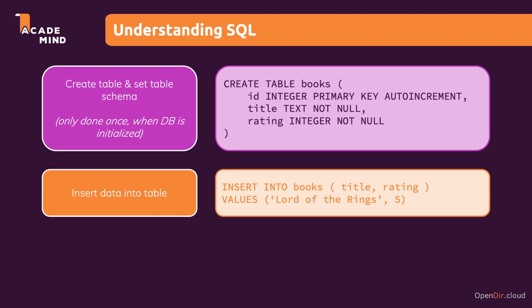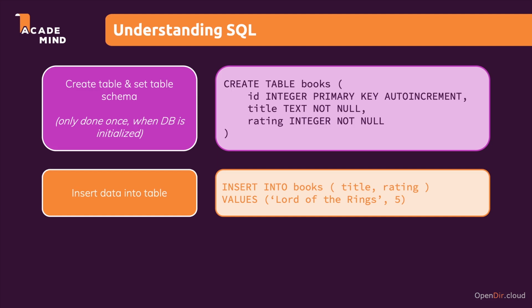In this case, Lord of the Rings as a string, so as a text, because that's the type we set for the title column. And then 5 as a value for the rating, 5 as an integer value, because that's the value we set there. I'm not setting the ID because of auto increment primary key. That will be auto-populated, and it's an auto-incrementing number.